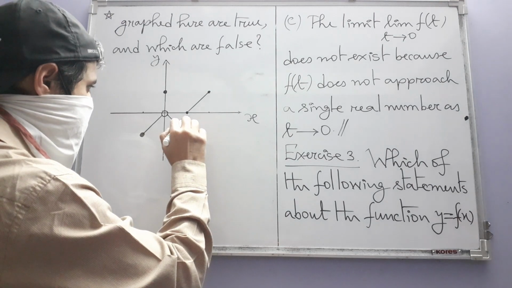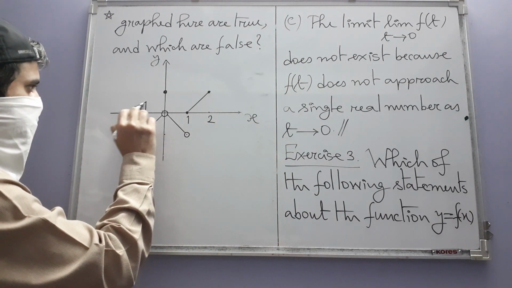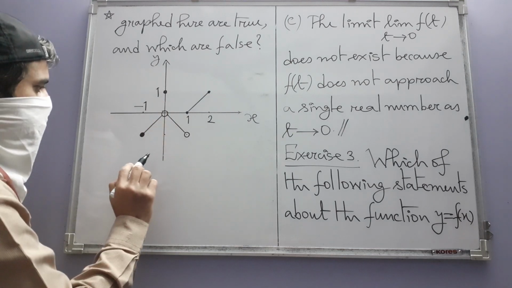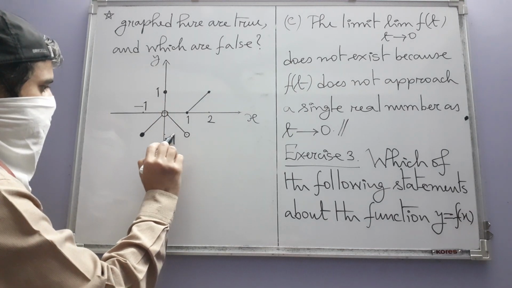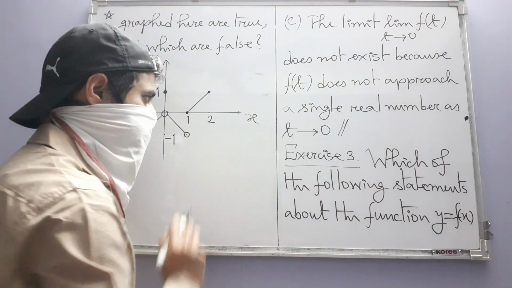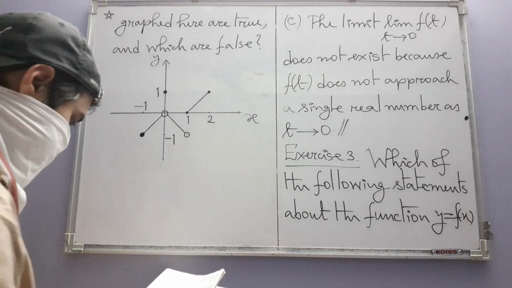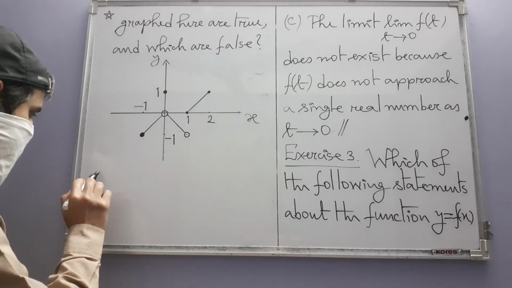Let me write the numbers: 1, 2, -1, 1, -1. And now we write the statements about some limits. There are several of them.